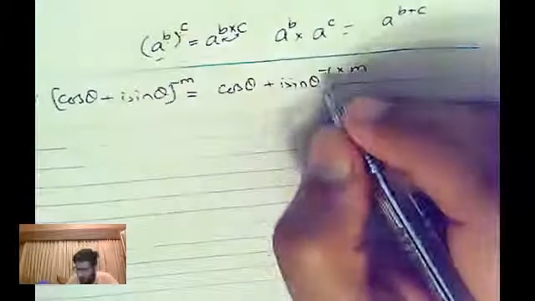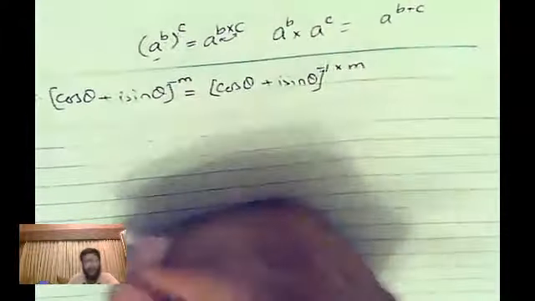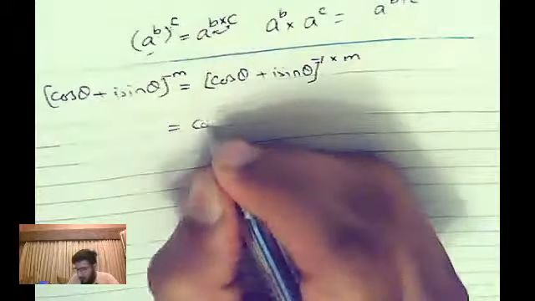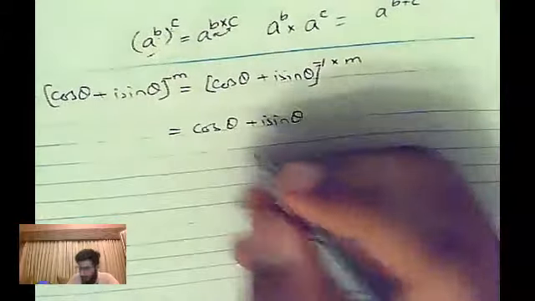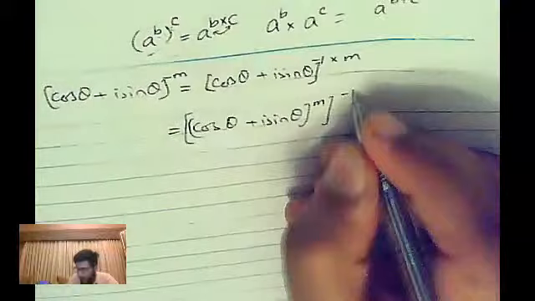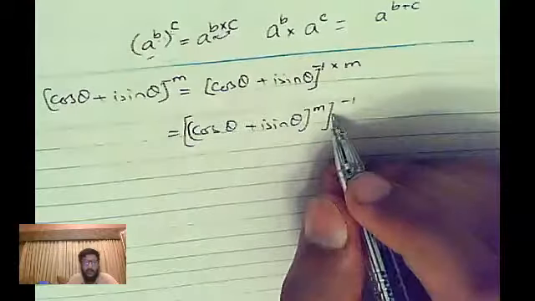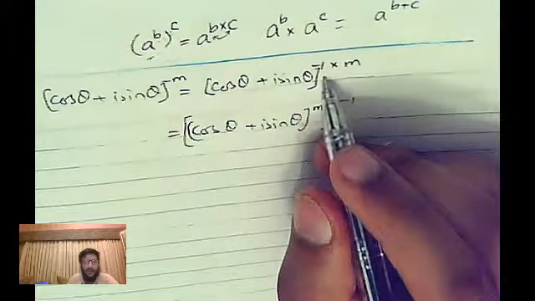Now, okay, there's a bracket over here. So we can say that cos theta plus iota sine theta raised to the power m, whole raised to the power minus 1. We can write this as this, right? The powers are being multiplied.